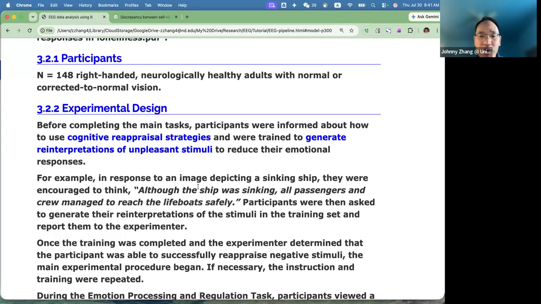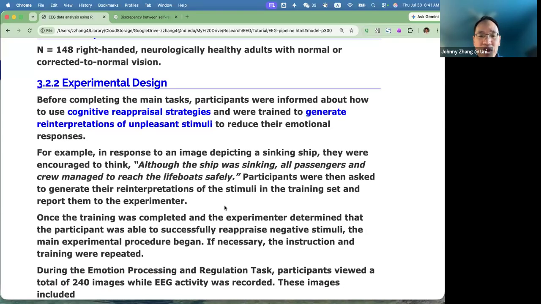Reinterpretation means, for example, if they see a negative image like a sinking ship, they may encourage the participant to think something like: the ship was sinking, but all passengers are safe. So this is a kind of positive thinking. They want participants to generate this kind of reinterpretation of the negative stimuli.